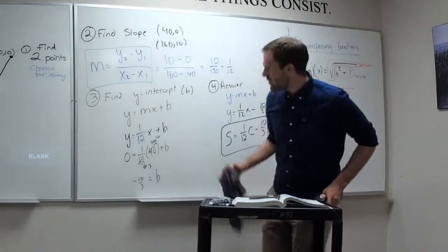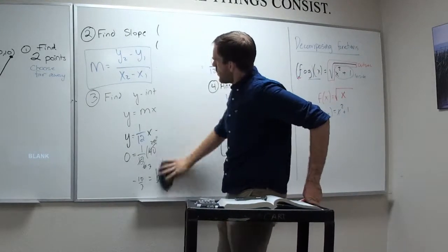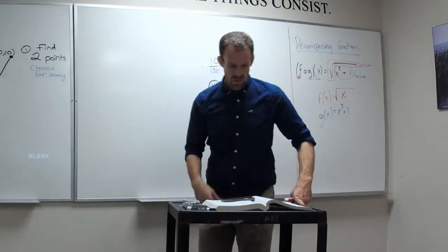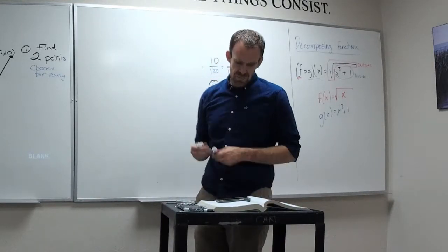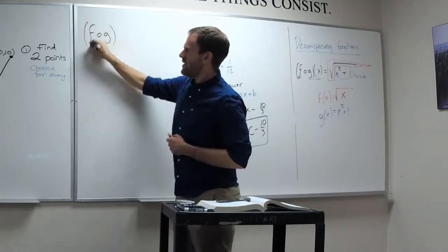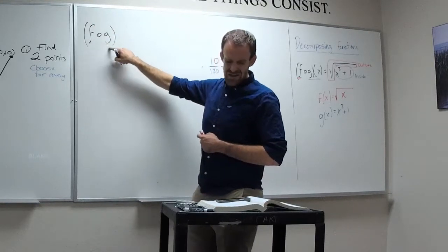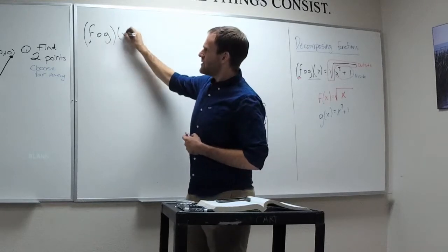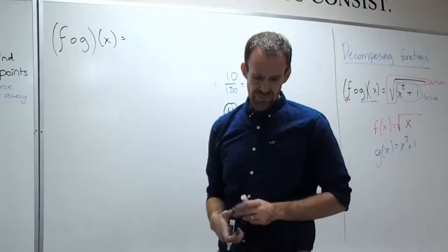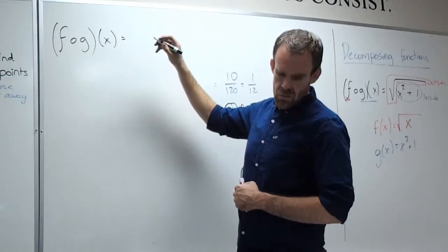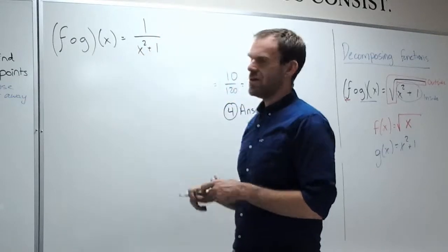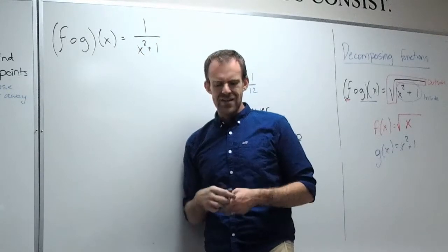Goodbye, wonderful graph. Suppose we have f composite g, that means f is eating g of x, and that equals 1 over x squared plus 1. What function is inside in this case?